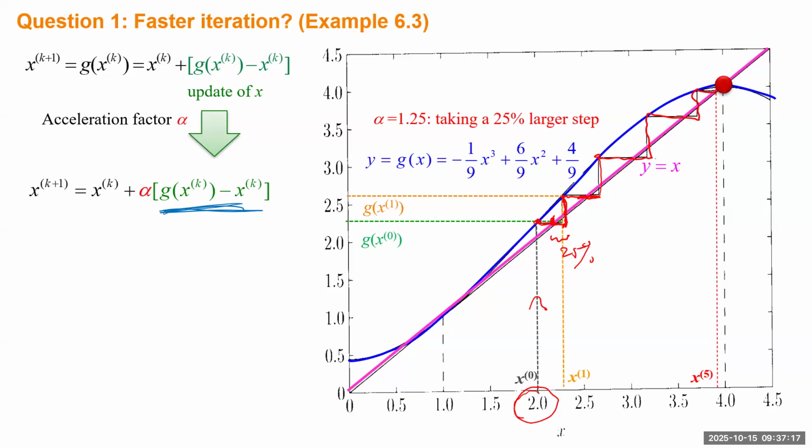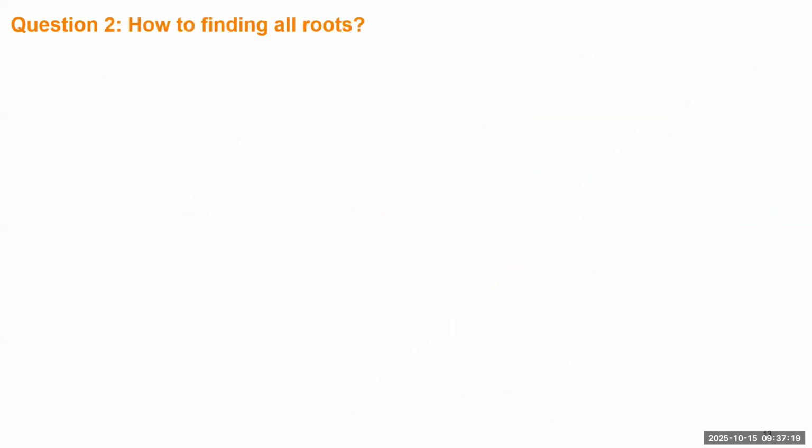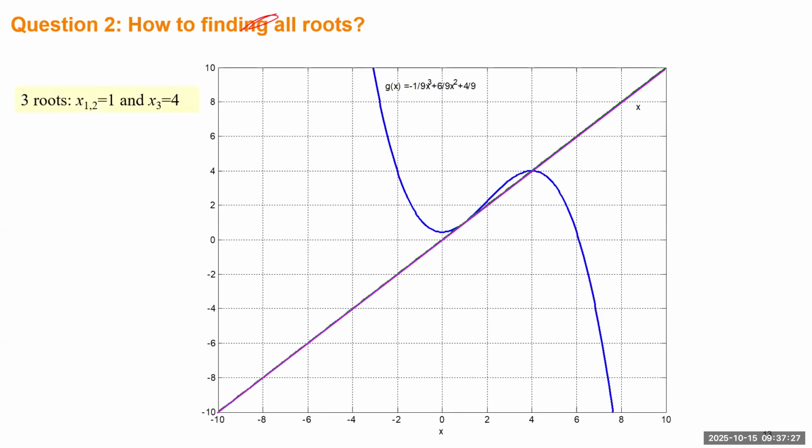Any questions? Okay, so second question: how to find all roots? So let's visualize this function in a bigger picture. It has one root at 4.0. This is the one we just found.